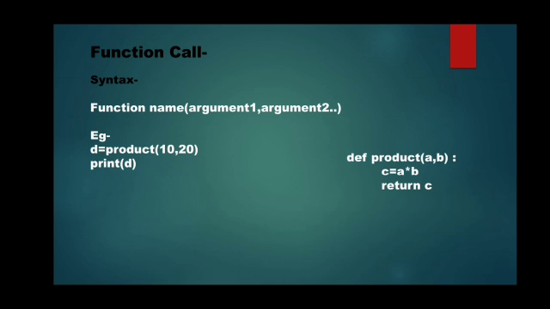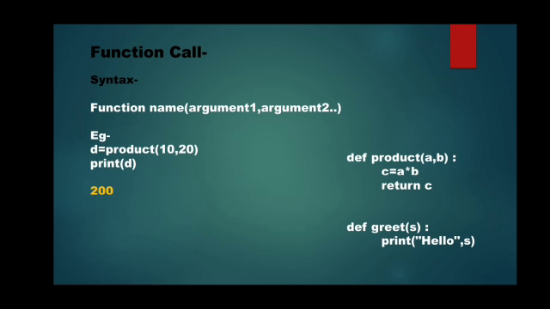Since the function is returning an answer, we are also accepting the answer in a variable. Here I have used a variable D to accept the answer returned by this function. After that, I have displayed the value of D. What will be the answer? 200.